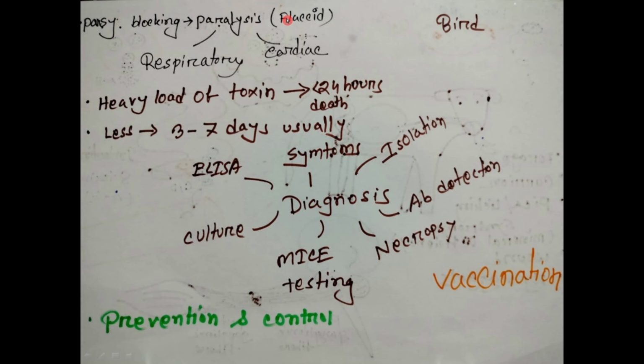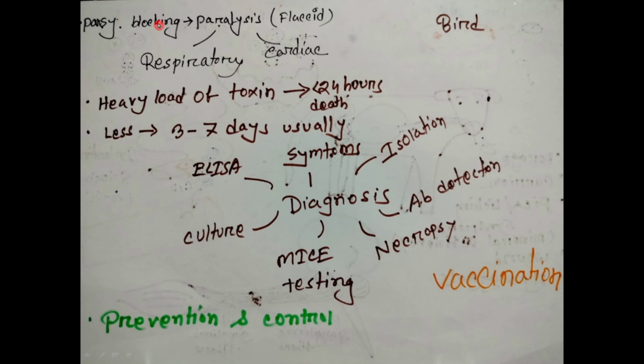In the beginning, we know this botulism toxin, even within a very short dose, can do more destruction and have more effect on the body. Different muscles will start to get paralyzed, maybe the eye muscles, pharyngeal muscles or laryngeal muscles. Then it also affects the respiratory muscles or cardiac muscles.